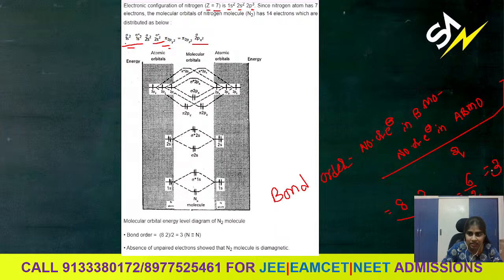We get 3. So we have 3 as the bond order for the N2 molecule. It means N is bonded to another N by 3 bonds.